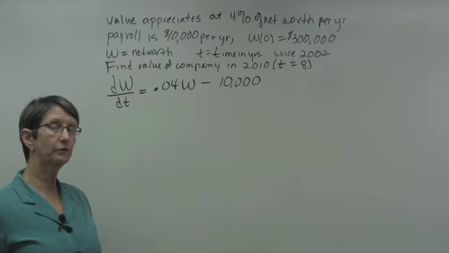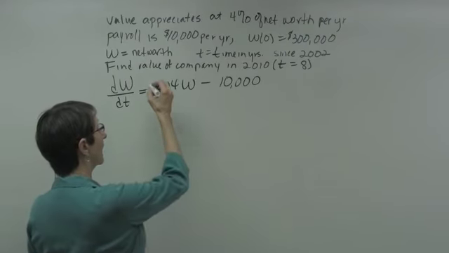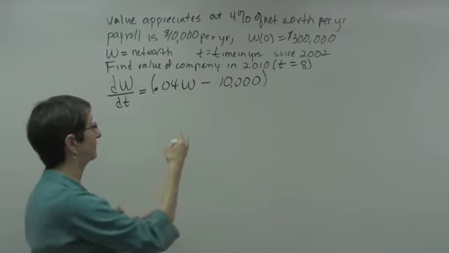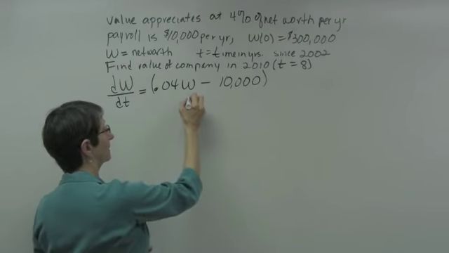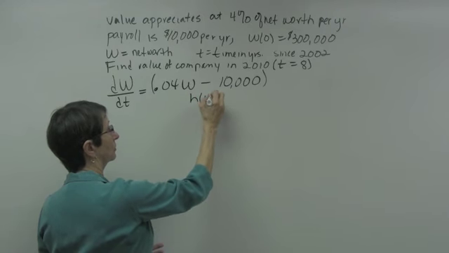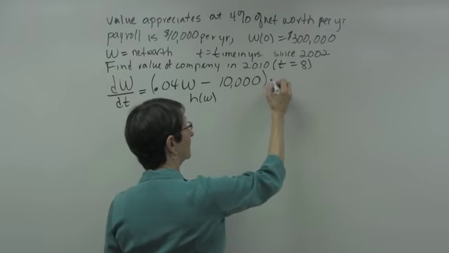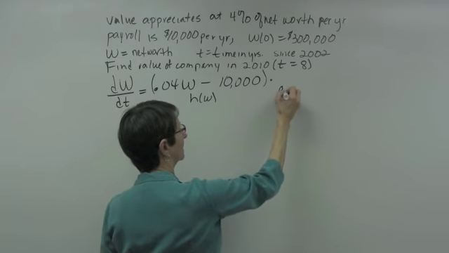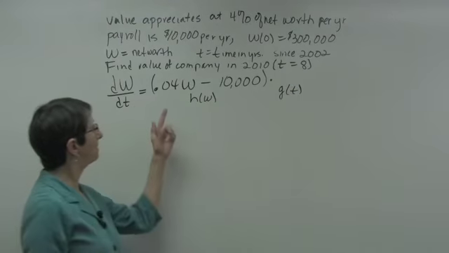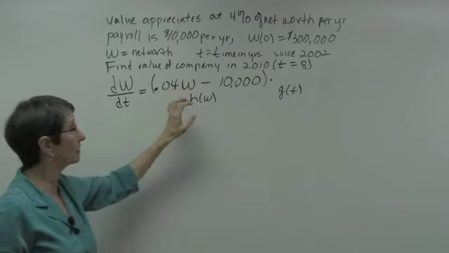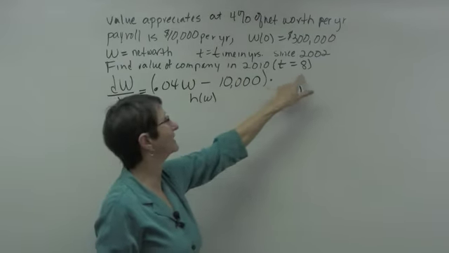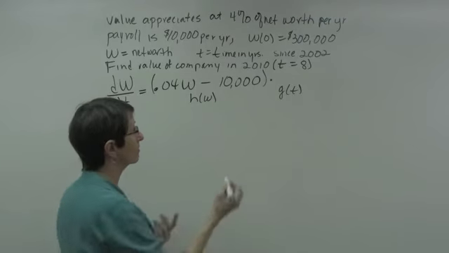Now, for a separable differential equation, we are supposed to have a function of the function name, which would be some function of W, multiplied by a function of the independent variable, which in this case is T. But I can't subtract them, so this whole thing has to be grouped together as H of W, and I need something over here. I don't have anything. I'm going to put 1.